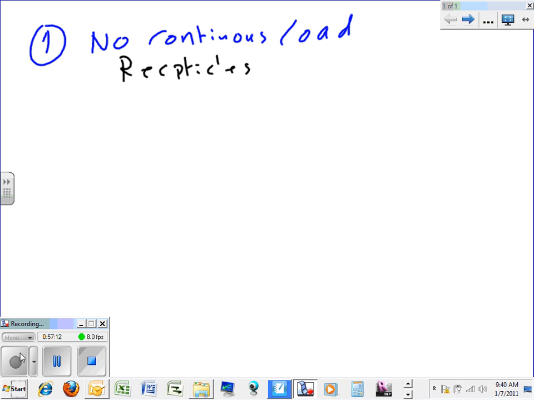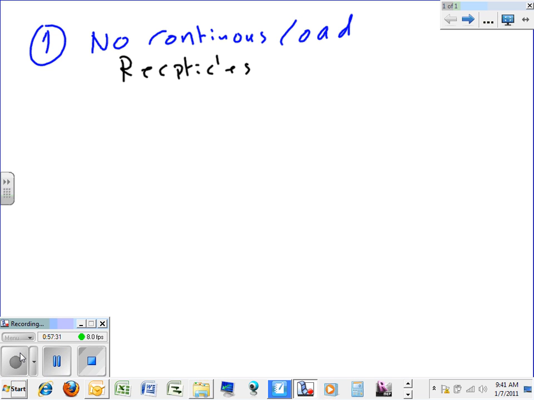That's the definition: 3 hours or more is continuous, less than 3 hours is non-continuous. So for the most part, we're talking about receptacles, or any machine that does not run 3 hours.